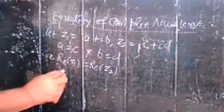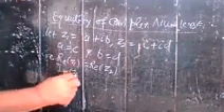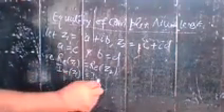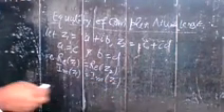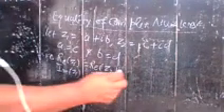In the same way, if the imaginary part of z1 is equal to the imaginary part of z2, then you can say that the two complex numbers are equal. So these are the two conditions when you say that two given complex numbers are equal.